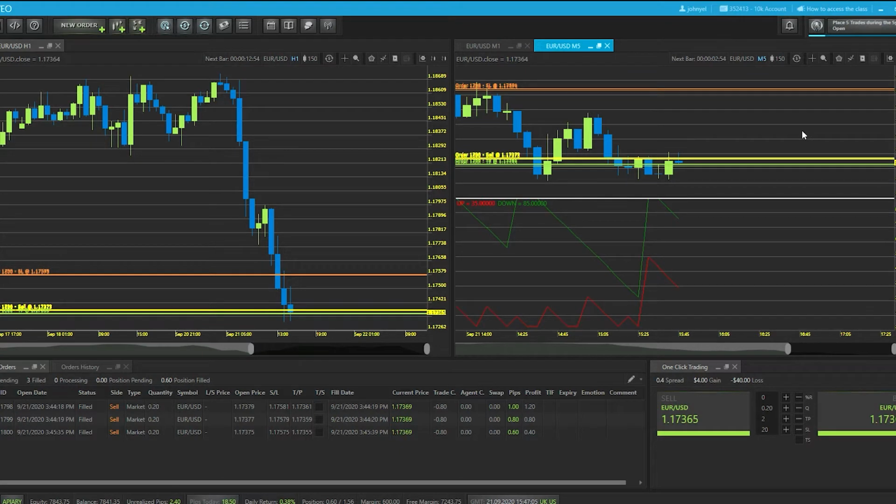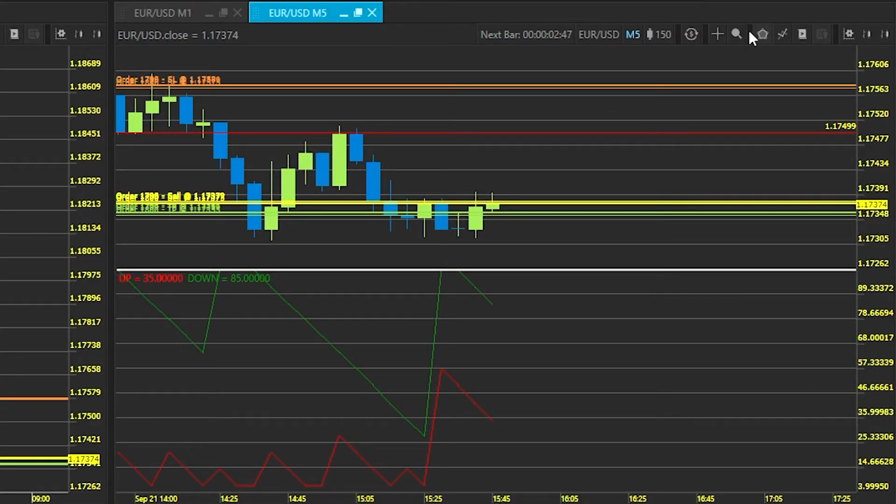Part of why I didn't panic earlier is if we go up to this tool and hit the horizontal line, we can place these as a reminder of this glass ceiling and glass floor. Now, we see the candles haven't broke that glass ceiling, and they haven't broken that glass floor. It's going to take something fairly big.